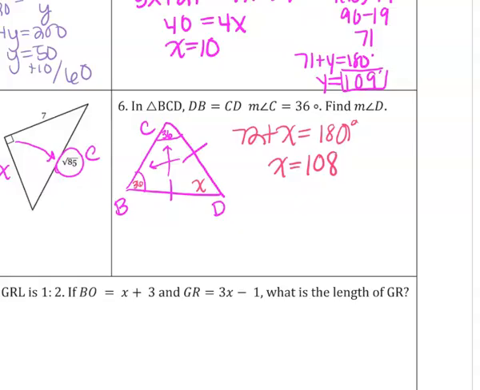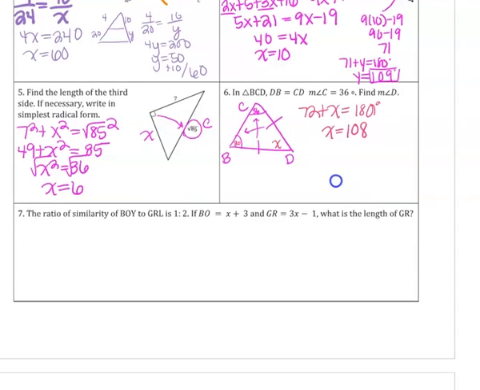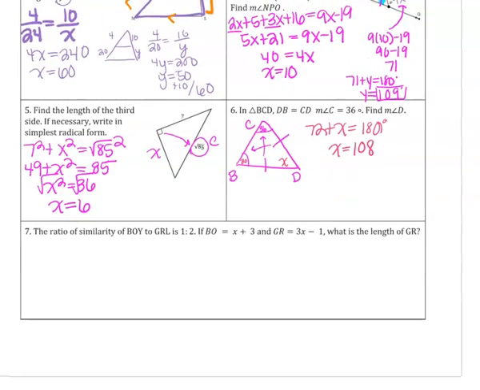All right, last question. All right, the ratio of similarity of boy to girl is 1 to 2. If BO is x plus 3 and GR is 3x minus 1, what is the length of GR?